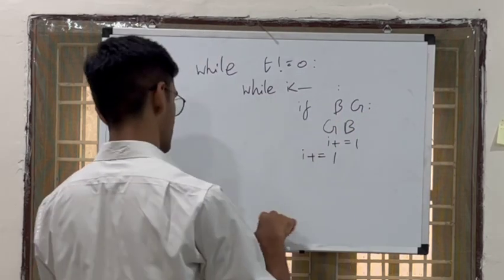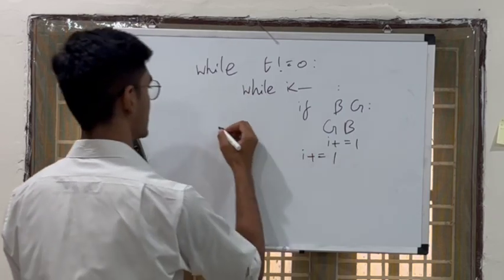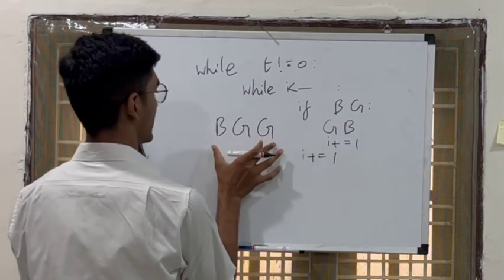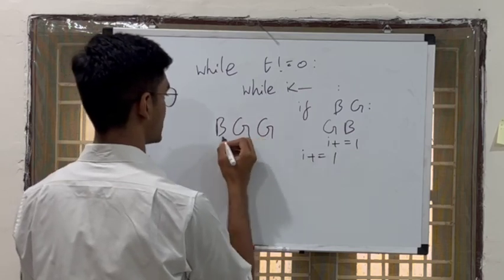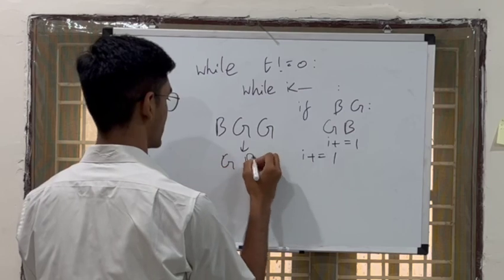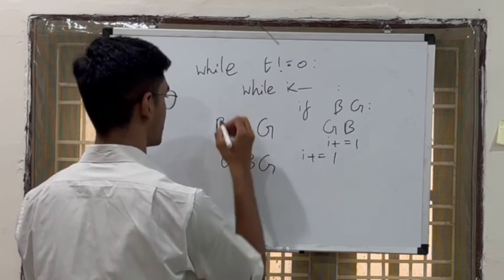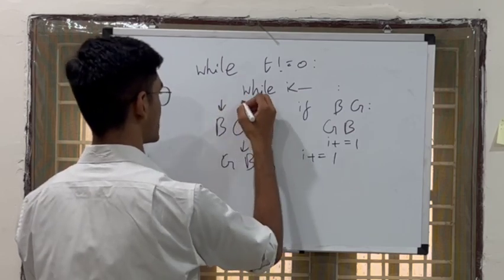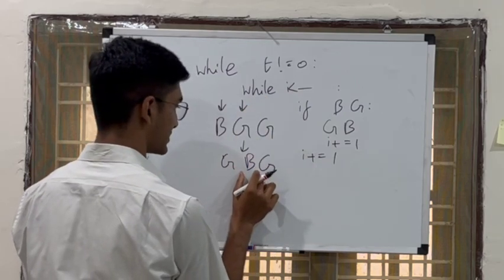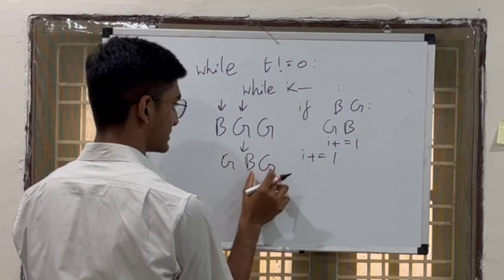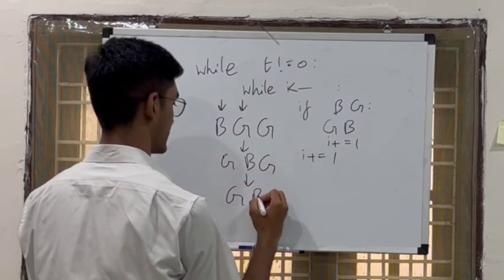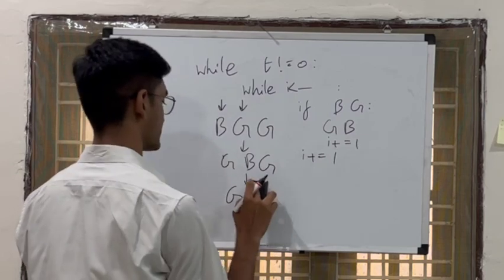For example, take boy, girl, girl. In one iteration, you see this and make it girl and boy. Now the pointer was here, I incremented the pointer to here. It's boy and girl again, so it will be replaced again, which gets us girl, girl and boy.